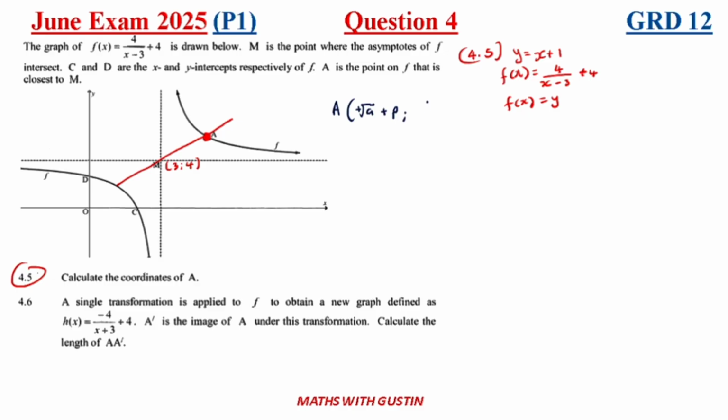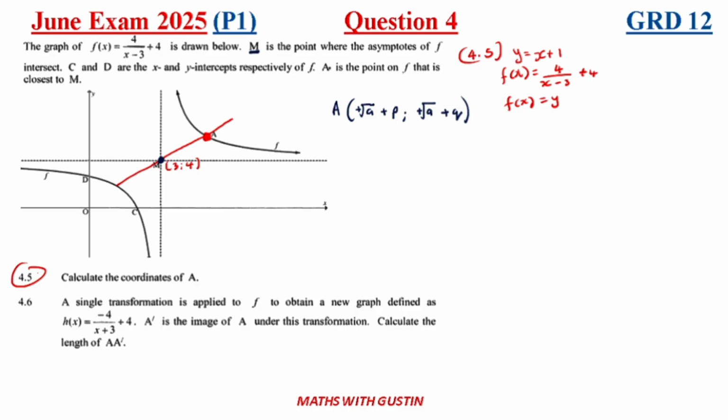For those of you who can still remember this, great stuff. Then you can just use this straight away, plus q. This is how you find the coordinates of a point on a hyperbola that is closest to the point of intersection here.